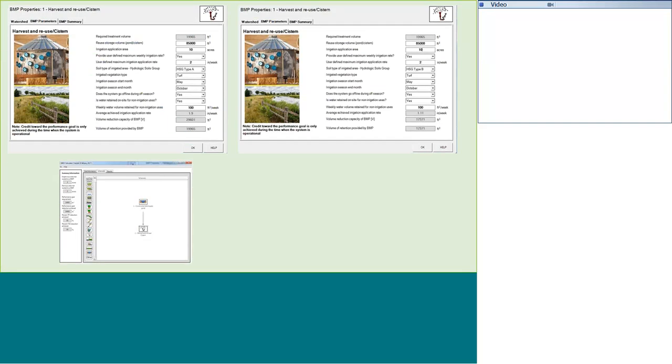So I have 2 scenarios here. The one on the left is where I have an A soil shown here, and this is a B soil over here. You'll see that this is again a pond situation, so I have a very large storage amount, applying it to a 10-acre system, and I could answer no here if I said I didn't want to have a weekly irrigation rate.